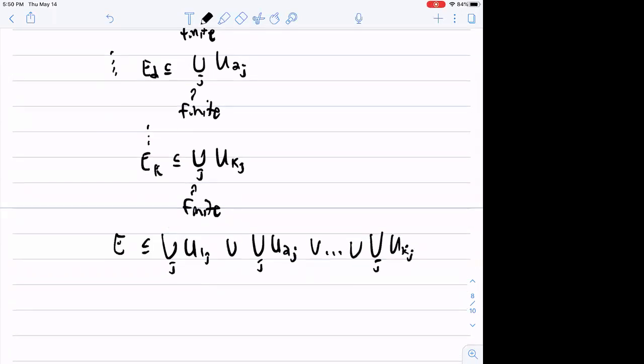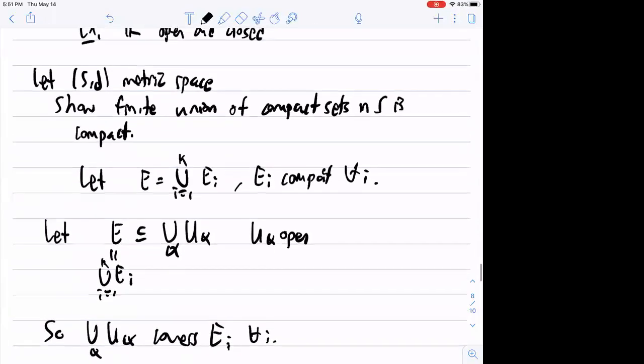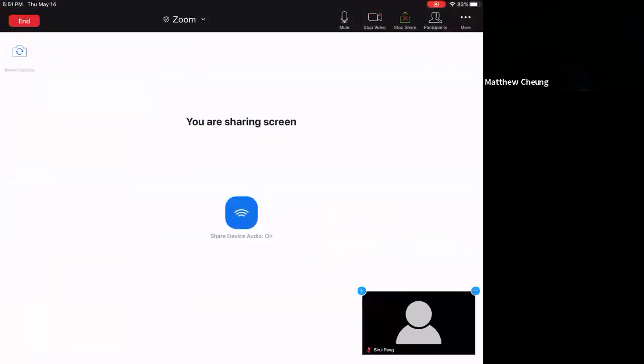And it's finite because it's K unions of finite unions of open sets. All of these are finite, and I have K unions, which is finite. So this is a finite subcover. Hopefully this clarifies metric spaces.